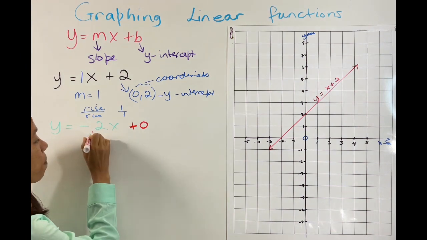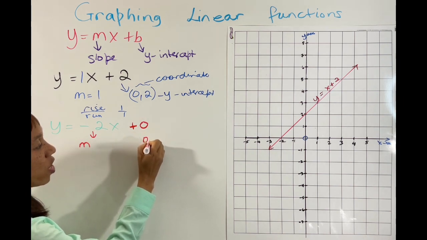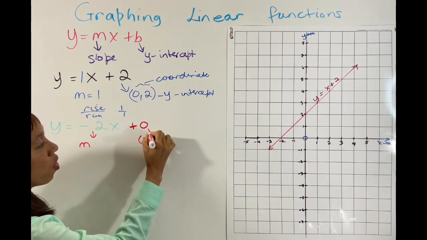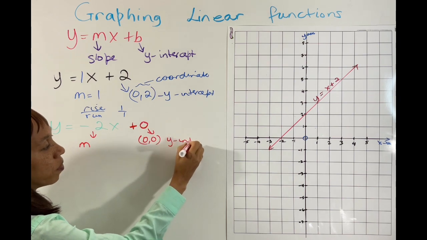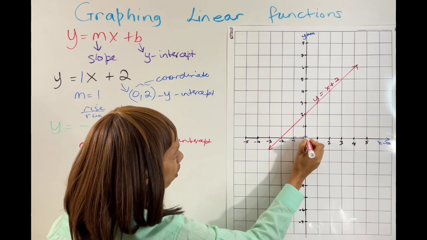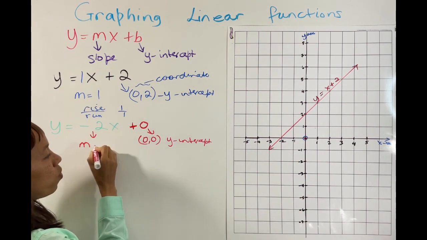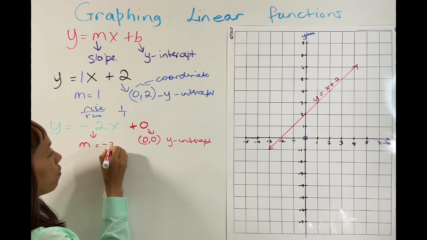And so your slope here, this is going to be your slope, and (0, 0) is your coordinate for your y-intercept, or your b. So on the graph, you have your point here at the origin, and your slope is -2, which means that it's going to be -2 over 1.